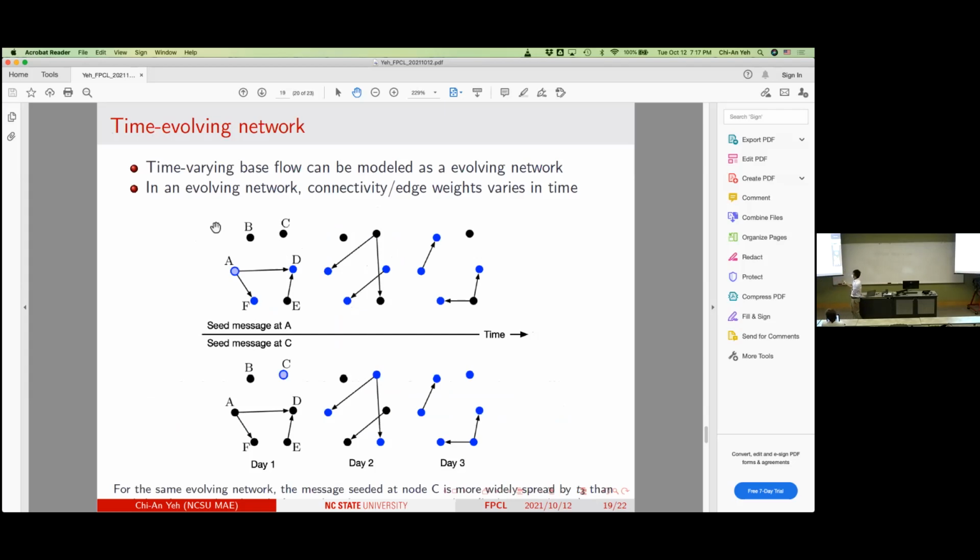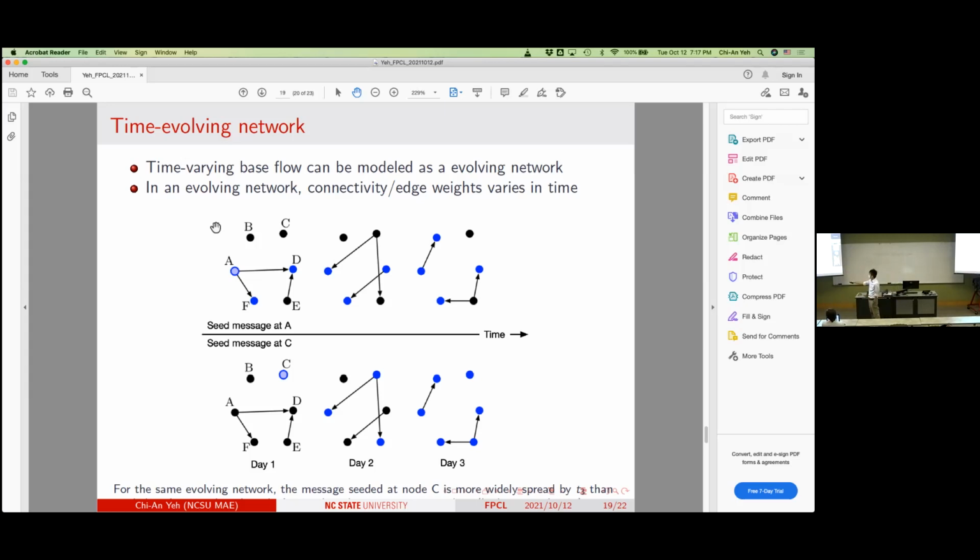There's one thing we also have to address: for fluid flows, things vary in time. So here we are looking at a time-evolving network, on top and on the bottom. If I'm passing a memo to one person among the six, hoping it will be received by the most individuals in this network, who should I pass it to?